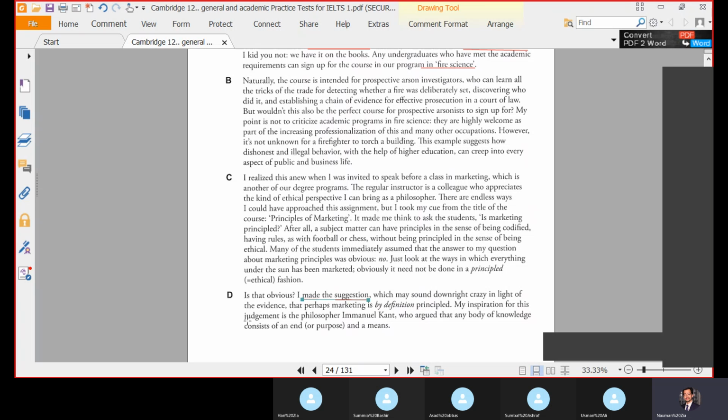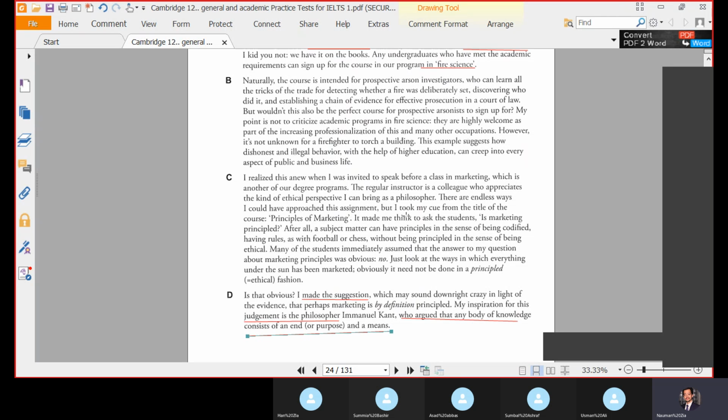My inspiration for this judgment is the philosopher, who discussed that any body of knowledge consists of an end and a means.